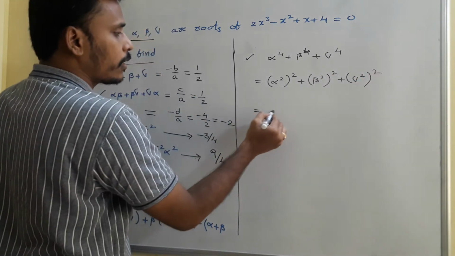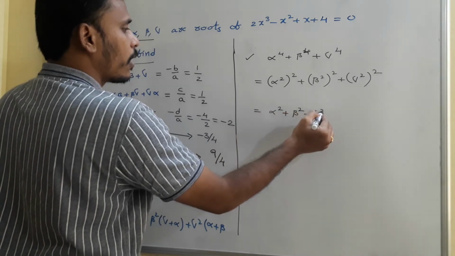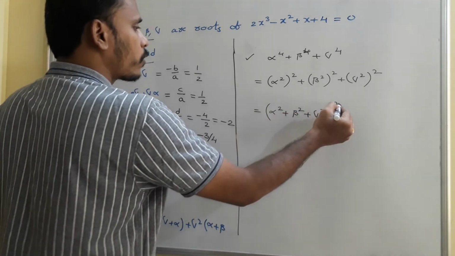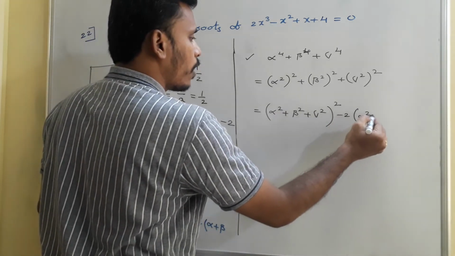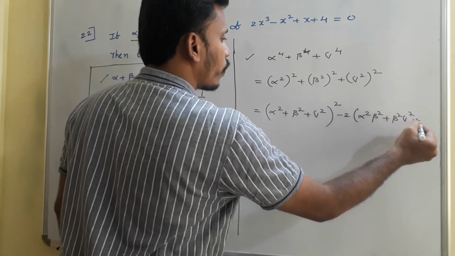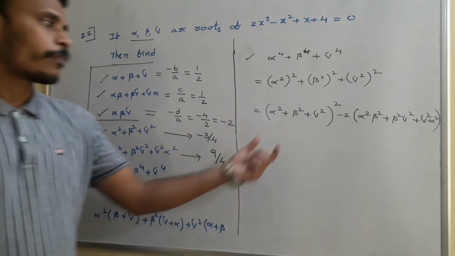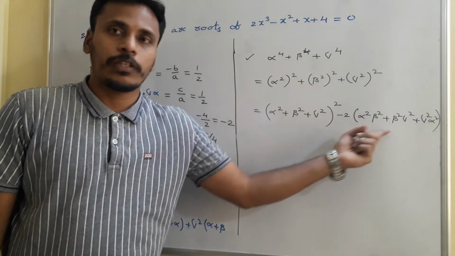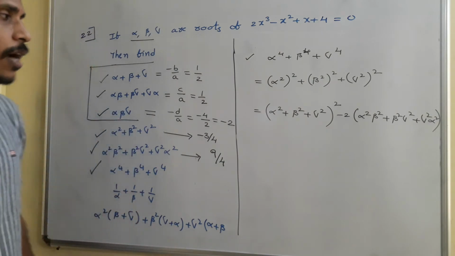And this is simply nothing but (alpha square plus beta square plus gamma square) whole square minus 2 times (alpha square beta square plus beta square gamma square plus gamma square alpha square). Is it right? Just have a look. Square of this minus 2 times of this will give you directly alpha power 4 plus beta power 4 plus gamma power 4.